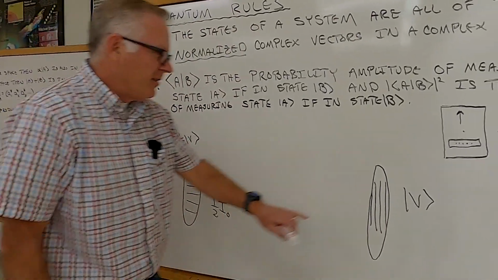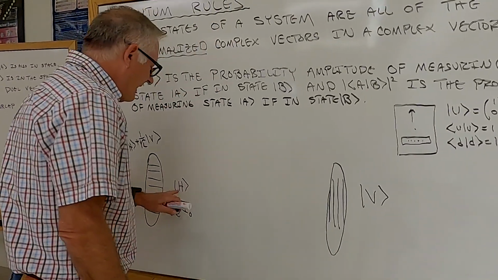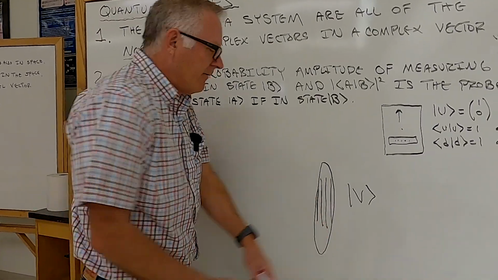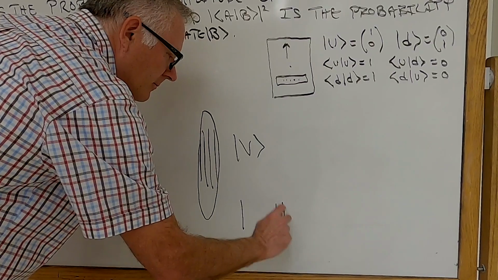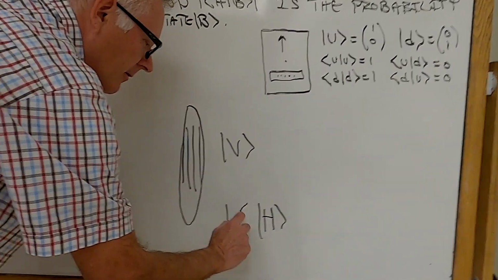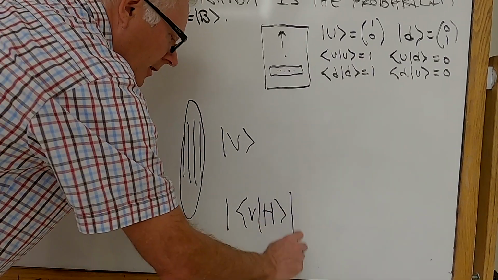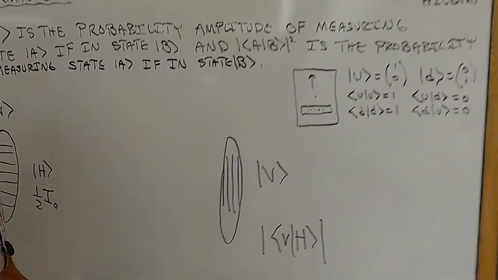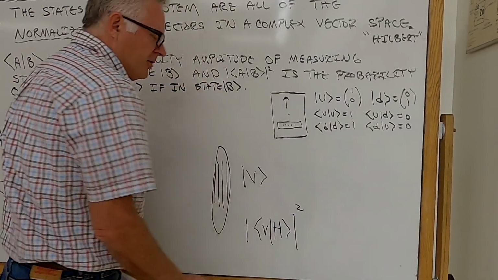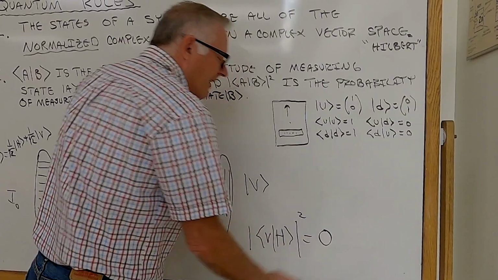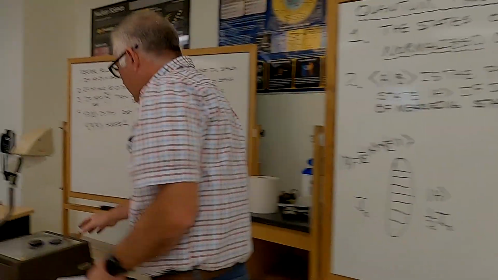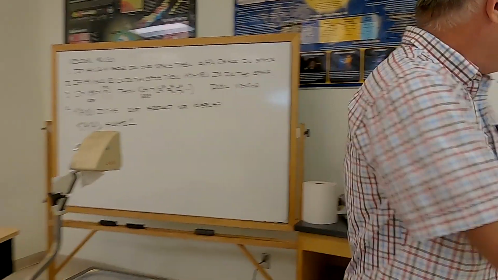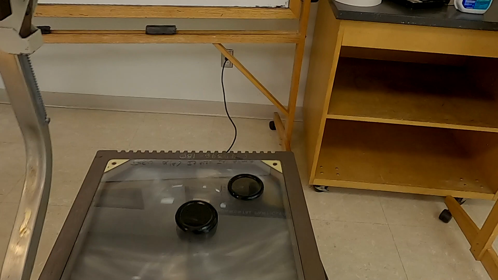I have to say we're in the state H. What is the probability of measuring V? So we're in the state H, and we want to measure V. Well, we already said that these two were perpendicular to each other, so this is just 0. And so if you look, here I have two polarized lenses perpendicular to each other. Let me just hit the lights.